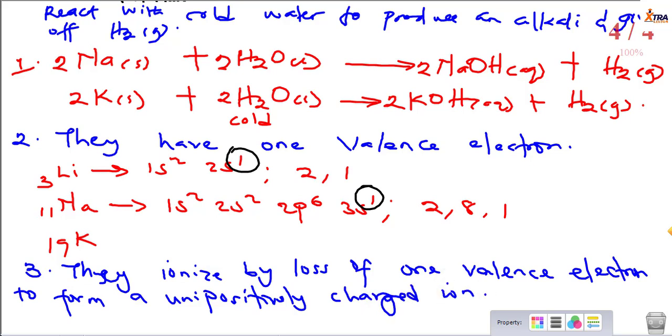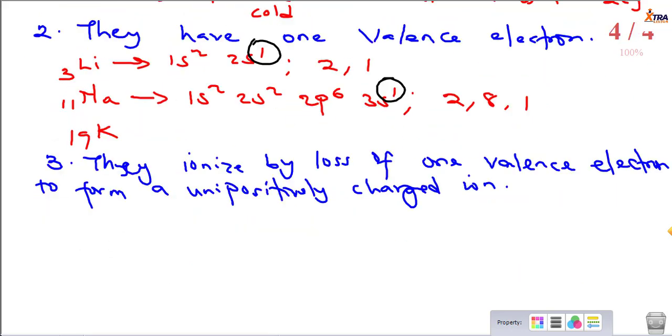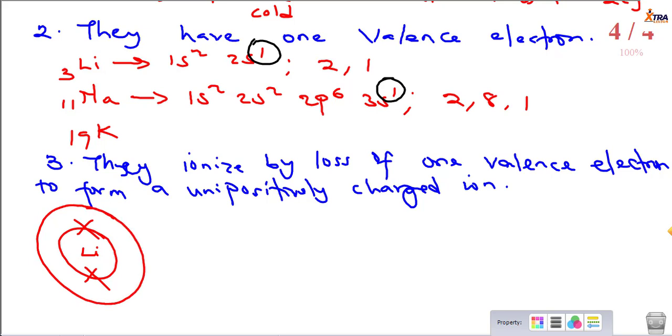Let's take the structure of lithium and sodium again and explain with this. We said sodium has a 1s2, 2s2, 2p6, 3s1 configuration, and lithium has a 1s2, 2s1 configuration. So if we draw the structure of lithium, this is lithium with 2 electrons here and the third electron outside, which means it has one outermost electron.